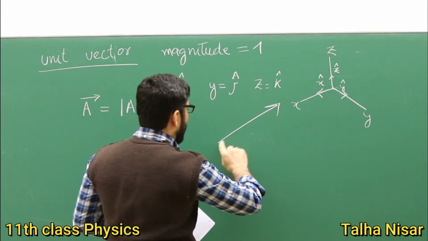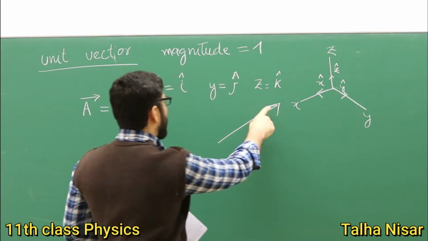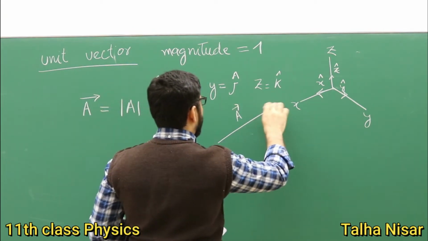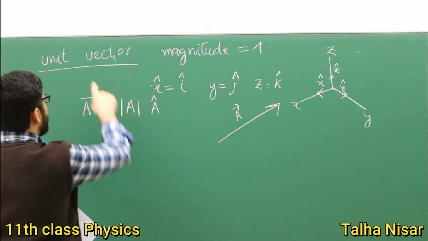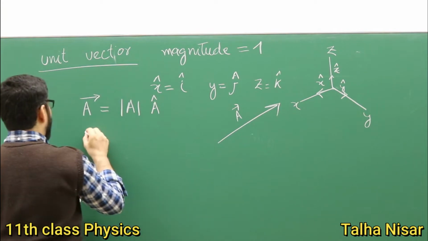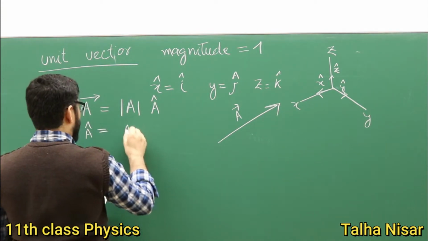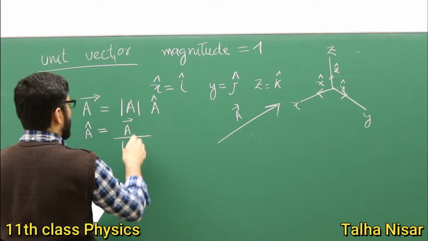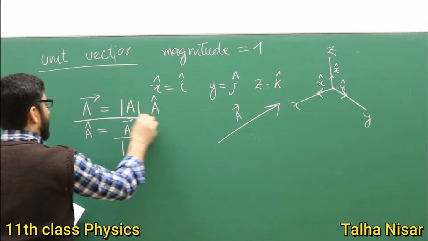The line is telling us about the magnitude, and the arrow is telling us about the direction. What we are interested in here is the unit vector. The unit vector is the vector divided by its magnitude.